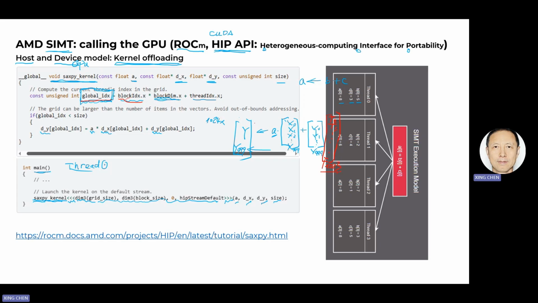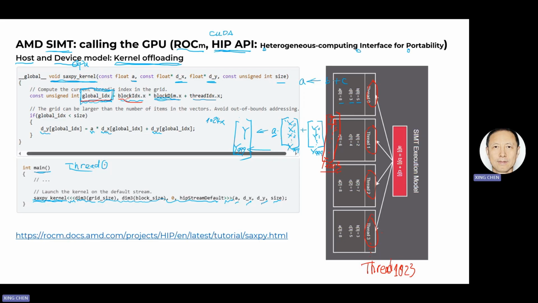You can think of the threads as arranged linearly, vertically, with different thread numbers and thread global IDs. The last thread will be this one, 1023.